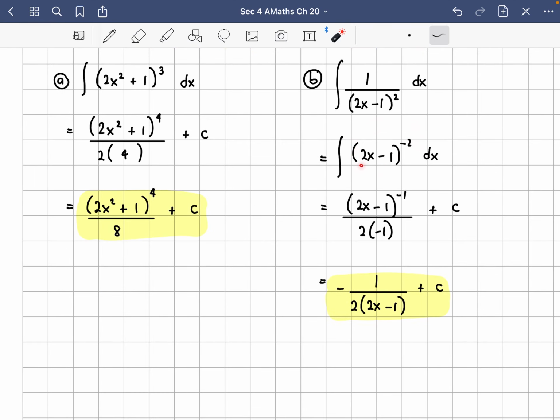Similarly, bring down the expression like this, and then negative 2 plus 1. That's why you have negative 1 here, and negative 1 here. And then this 2 came from the coefficient of x. So simplifying this, you'll get 1 over negative 2 times 2x minus 1 plus c.